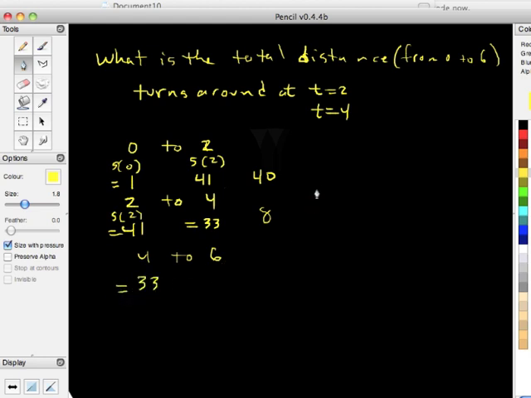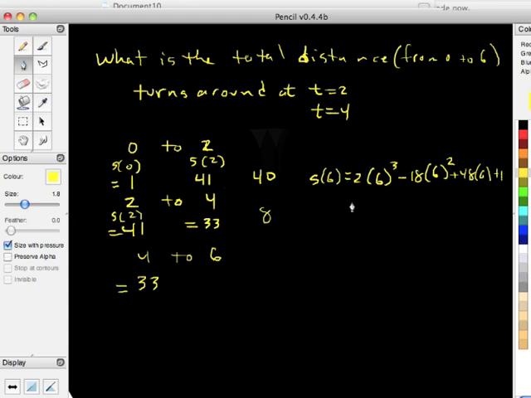And we still have to find the position at 6. This is 2 times 6 cubed minus 18 times 6 squared plus 48 times 6 plus 1.